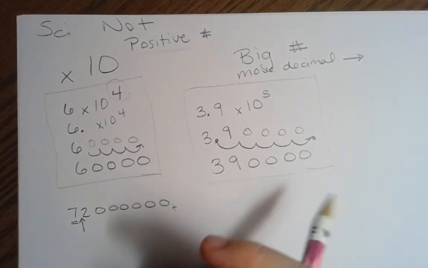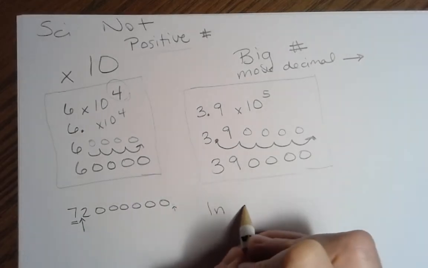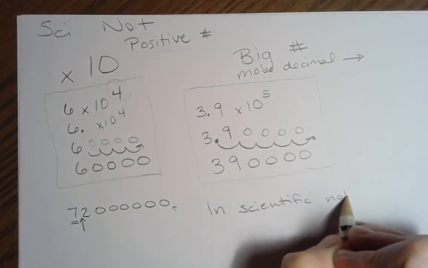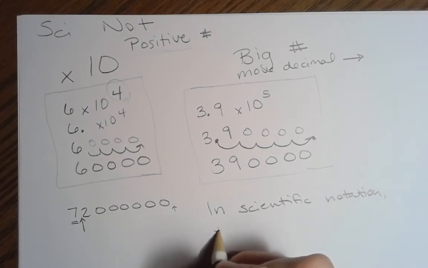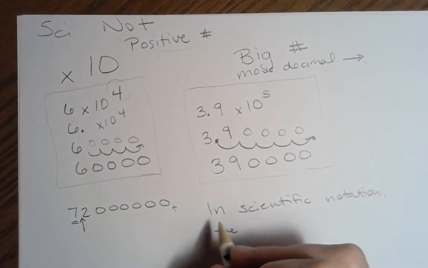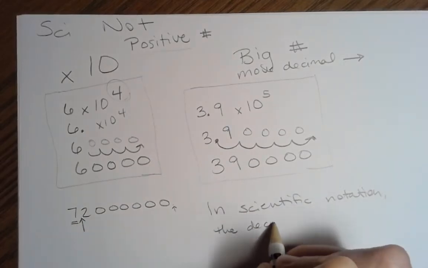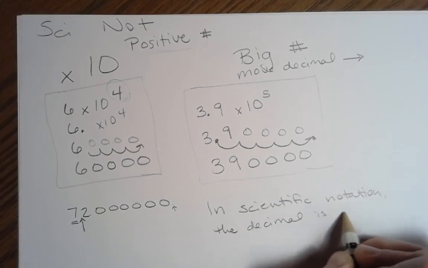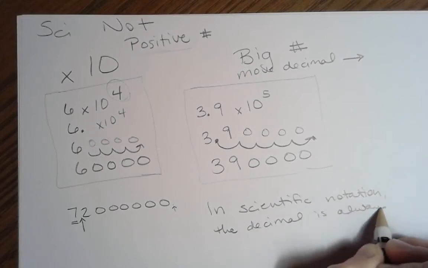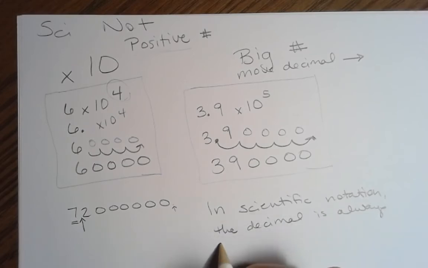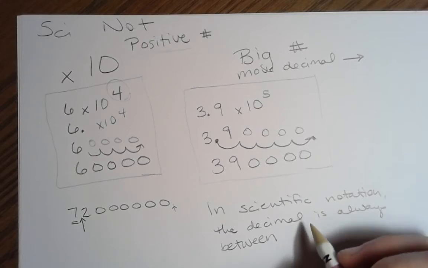In scientific notation, you have one place value in front of the decimal, and then the decimal. I had one kid one year who thought of it as the decimal is always between the biggest two place values.